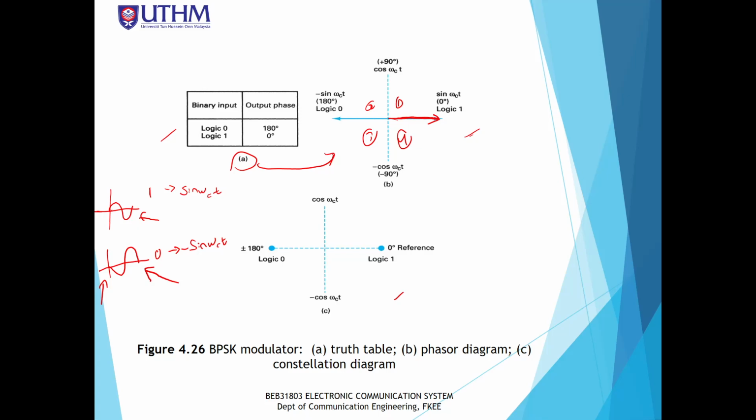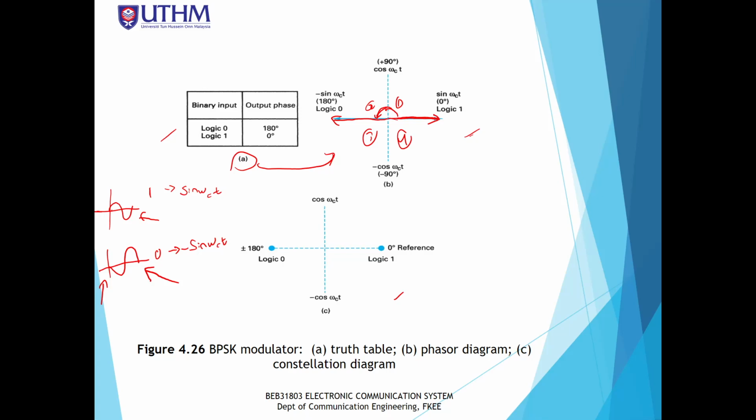If the input is logic 0, that means it is a negative sine, which is a 180 degree phase shift. 180 degrees means that from 0, if you move anti-clockwise, it is a 180 degree phase shift.